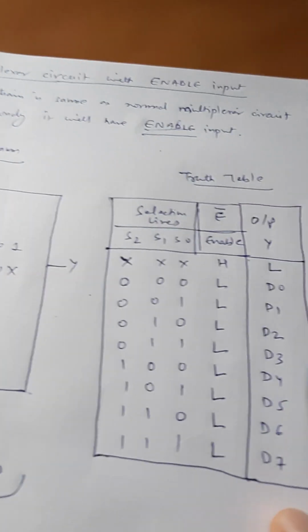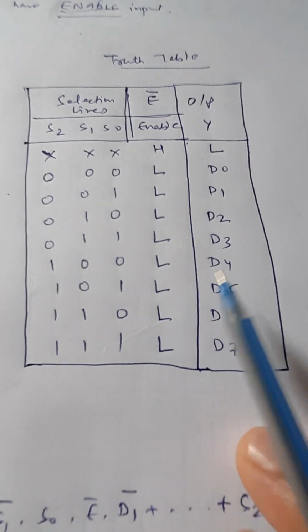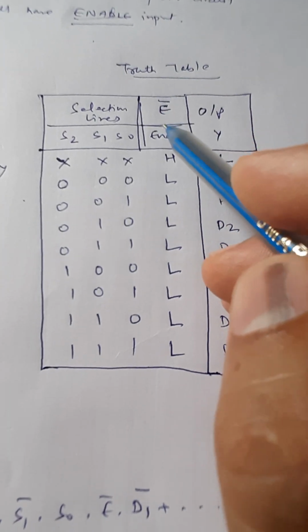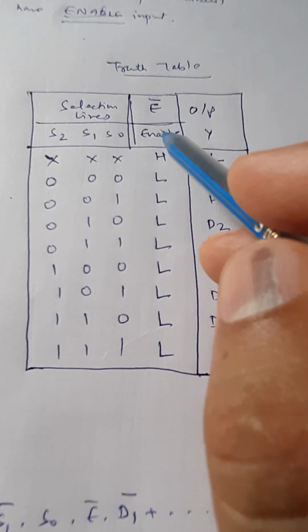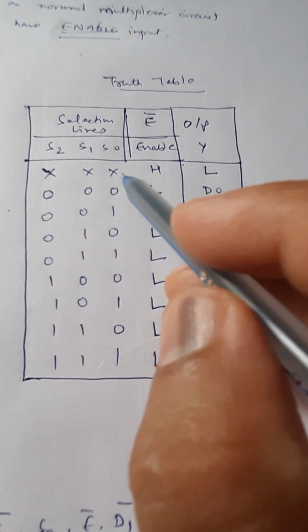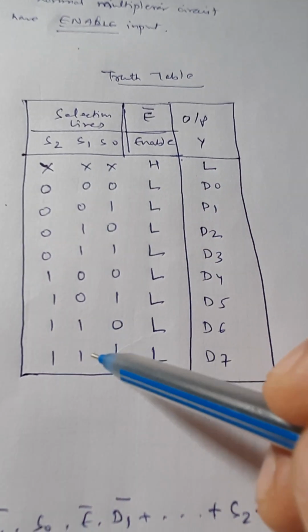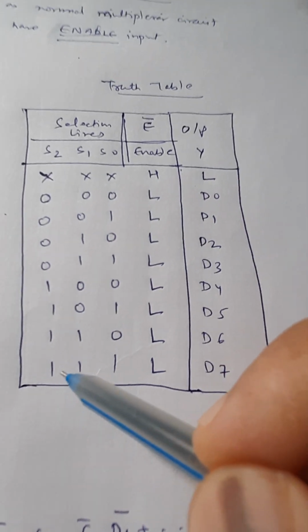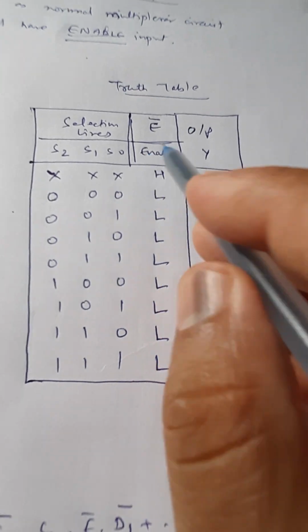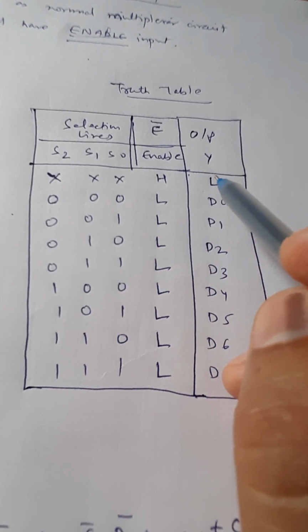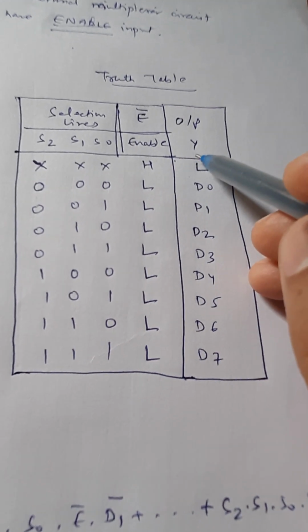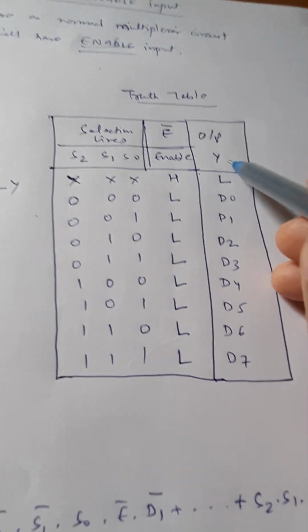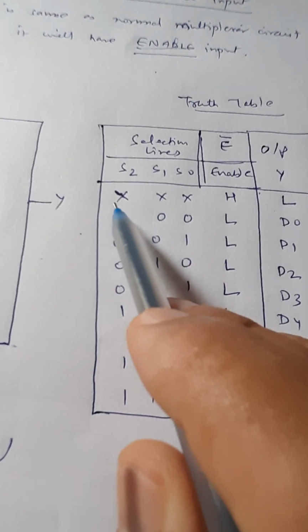Now let's see its truth table. The truth table is simple. One additional column is added, the enable column, which I have denoted as E bar, along with the selection lines. There are 8 different combinations, 0 0 0 to 1 1 1, and the output column Y shows the output of the multiplexer circuit. Now look at the first row of this truth table.